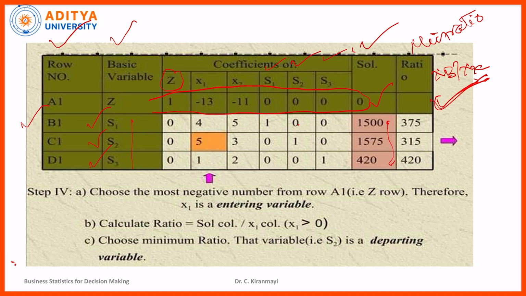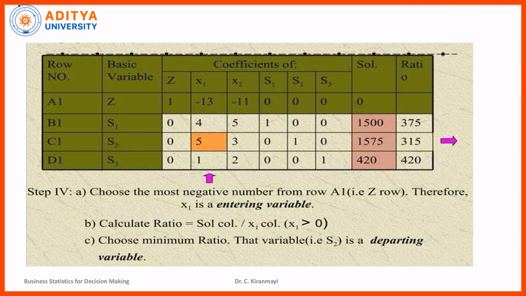Among these values, which is the most negative? Minus 13 is the most negative. Therefore, this column is going to be the key column.